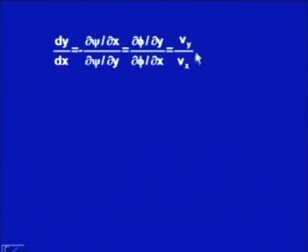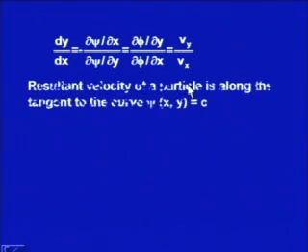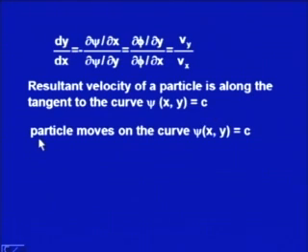So, dy by dx is this. So, we say that the resultant velocity of a particle is along the tangent to the curve psi(x,y) is equal to c. So, we say that a fluid particle moves on the curve psi(x,y) is equal to c and its velocity is given by phi(x,y).